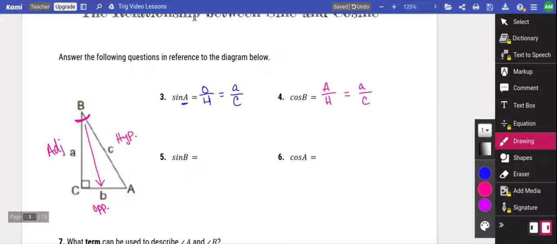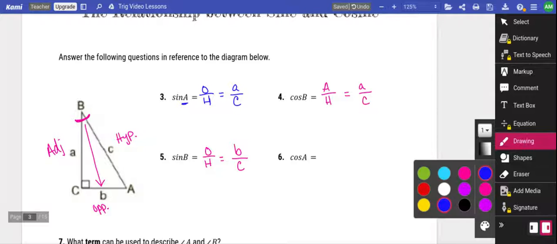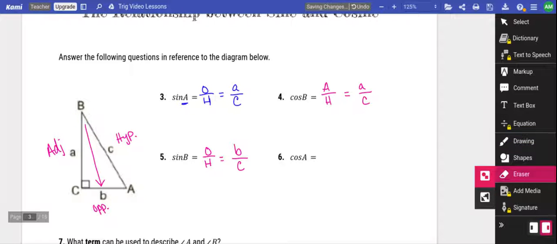Question 5 also refers to B, so my diagram is already labeled. But it's the sine of B, so I need O over H. My opposite side of B is lowercase b, and my hypotenuse is C. And then lastly, I'm going to need to find the cosine of A, which again means I'm going to need to erase this.